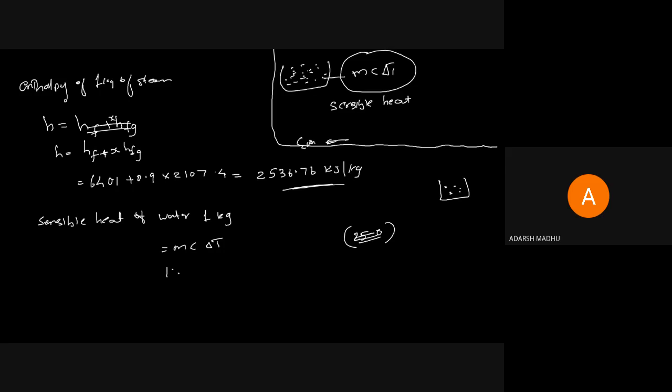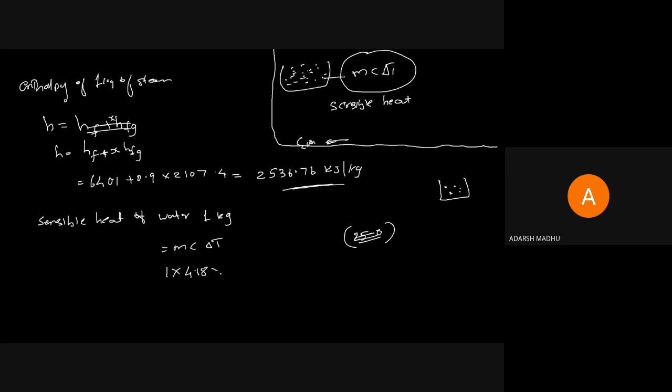So m is taken as 1. C means Cw, the Cp of water. As I said, for water the Cp value will be taken as 4.18 kilojoule per kilogram Kelvin. For air, we have taken 1.005 kilojoule per kilogram Kelvin. If it's not given in a problem, you can assume 4.18 kilojoule per kilogram Kelvin; for some questions it is given.